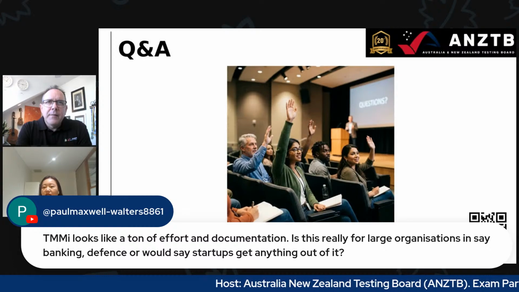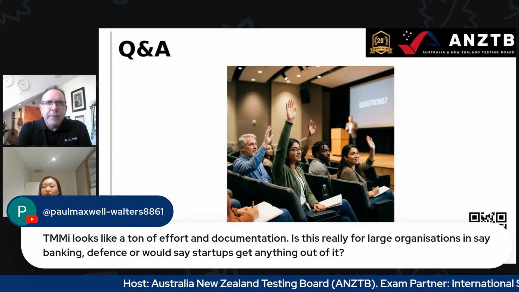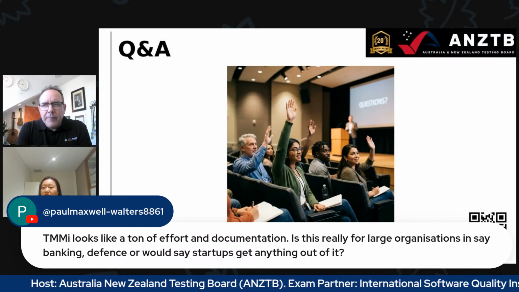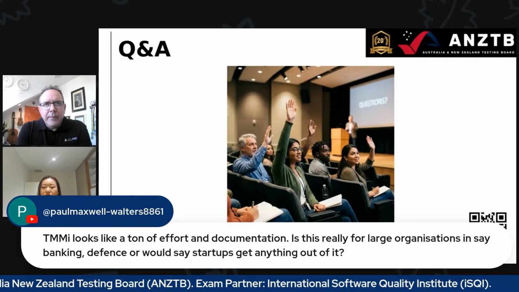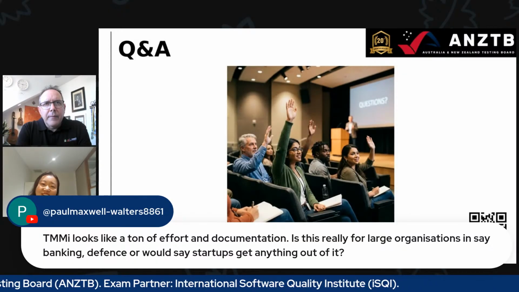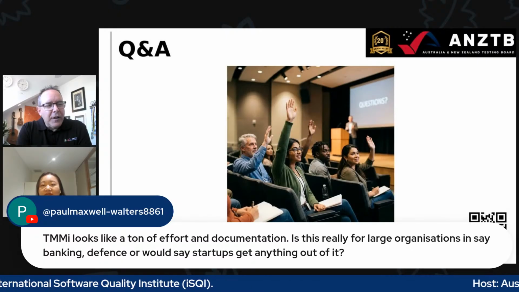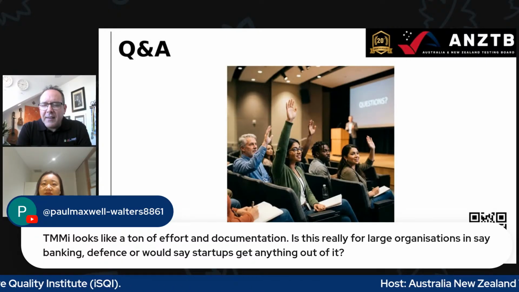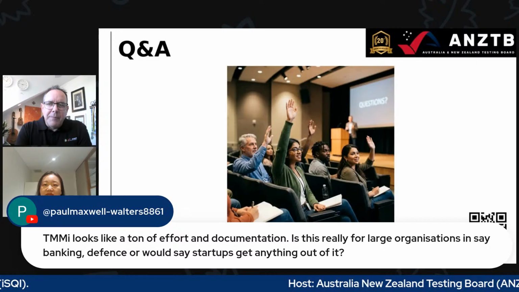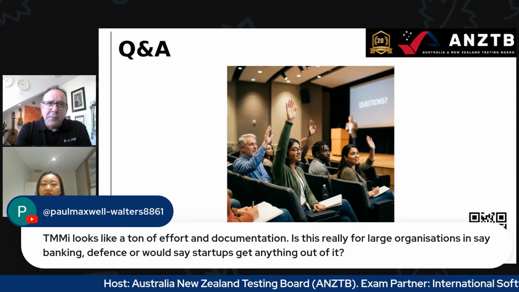So that's why it's more important for them to have maturity in place. They need an audit trail, and they're more at risk of financial and reputational damage if they're not compliant.